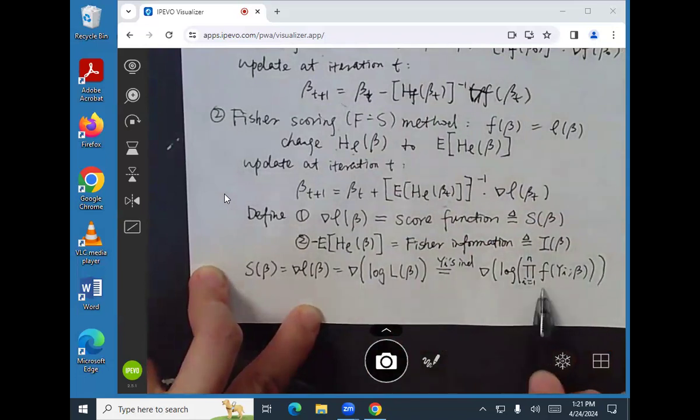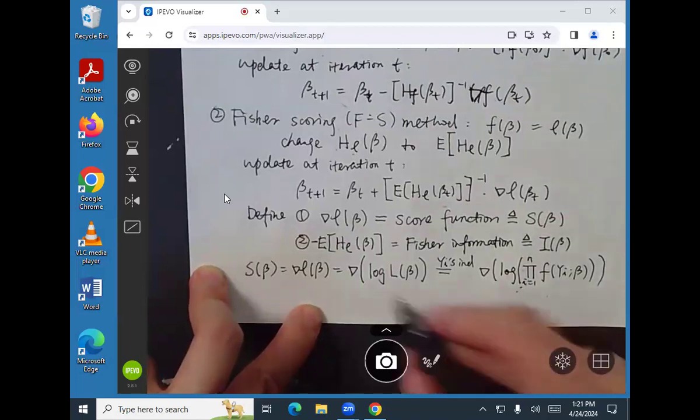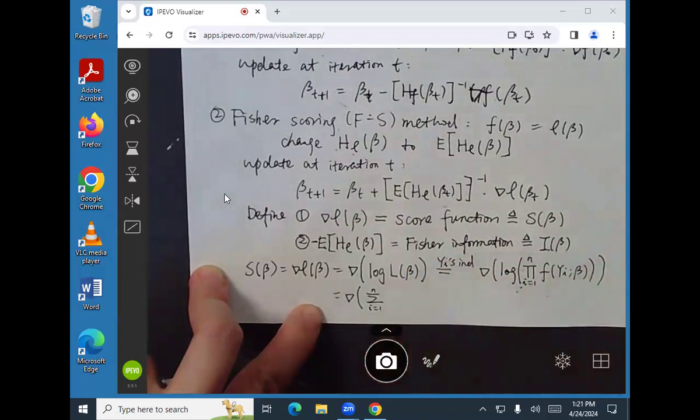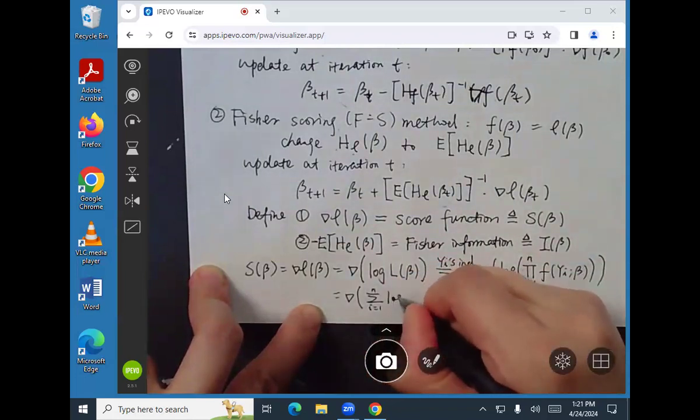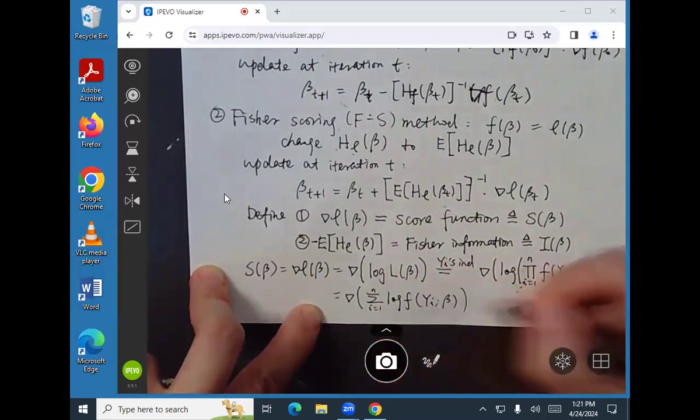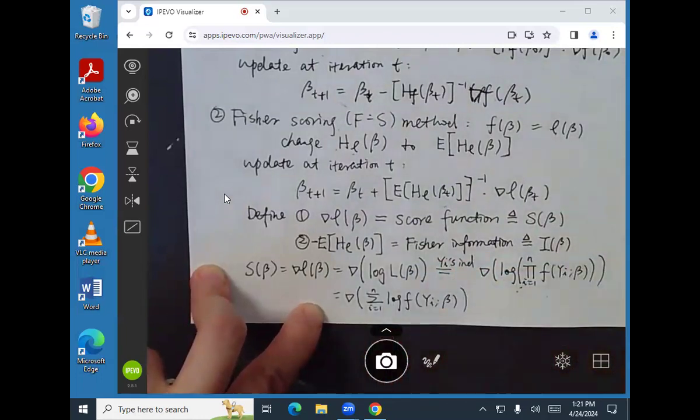This is just the definition of the likelihood. And because we know the log of a product becomes the sum of the logs, this becomes the summation, i from 1 to n, of log f of yi given beta. Okay? Any questions so far?